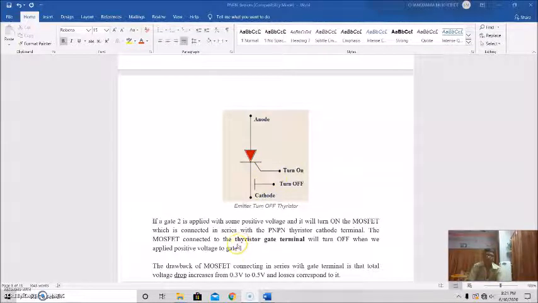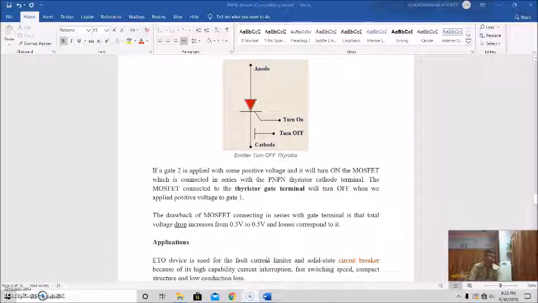If gate 2 is applied with a positive voltage, it will turn on the MOSFET, which is connected in series with the PNP and the thyristor cathode terminal. The MOSFET connected to the thyristor gate terminal will turn off when positive voltage is applied to gate 1.